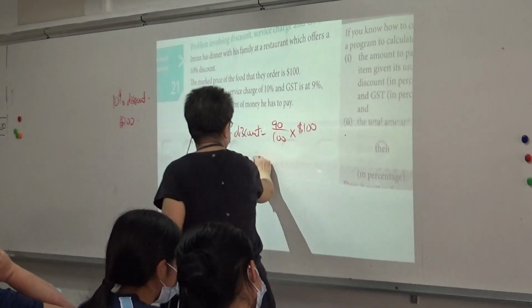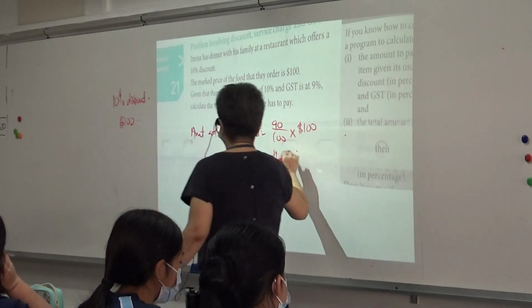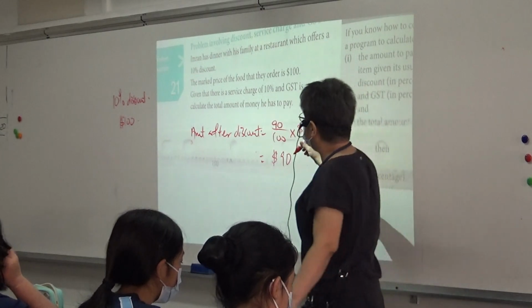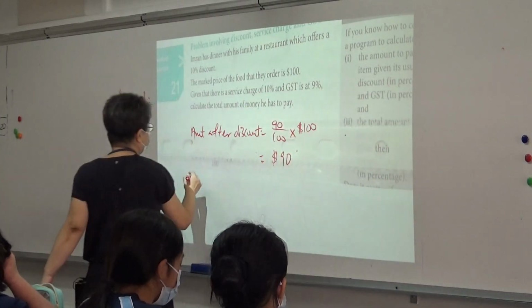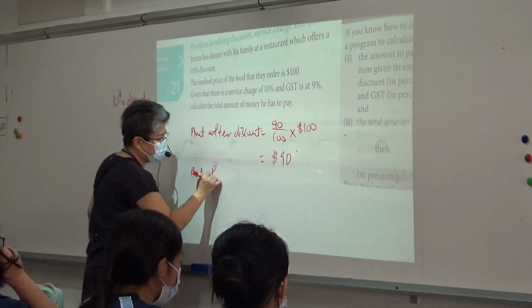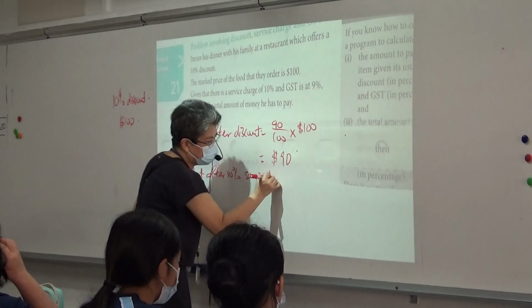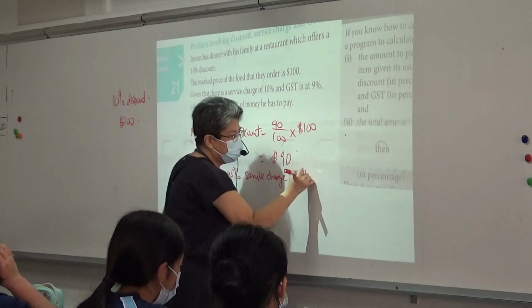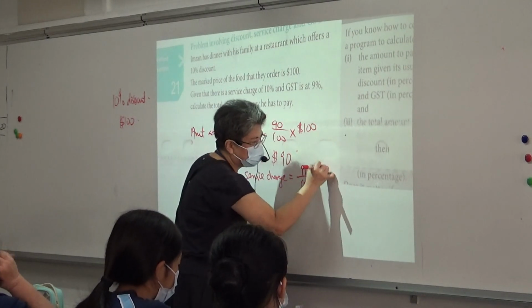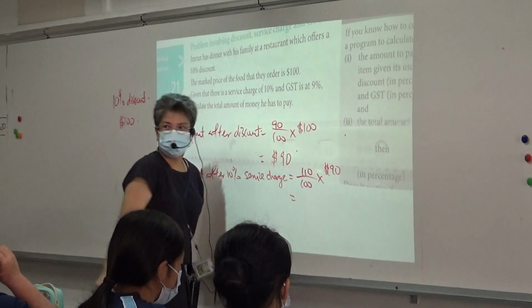Agree? So this one is $90, no problem, right? Then there's a 10% service charge. So the amount after 10% service charge will be 110% times 90, right?